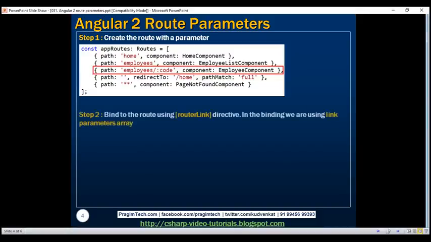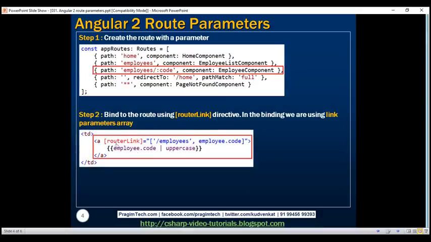So our next step is to bind to the route that we have just created using the router link directive. Notice in this case we are binding the router link directive to an array, and this array has got two elements. This is the first element and here is the second element. This array is called the link parameters array.